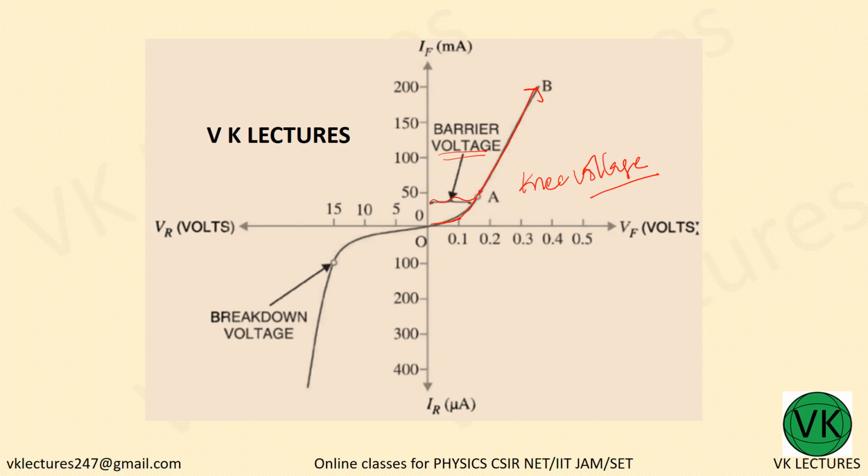Knee voltage. Now in the reverse case, there is very little current, and that current is due to minority charge carriers. That is why here you have milliamperes and here you have microamperes.